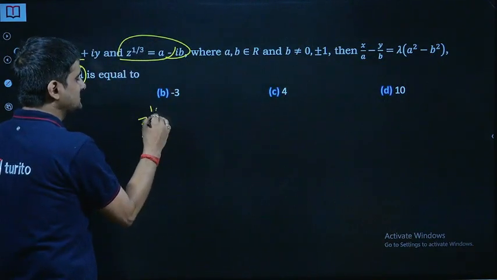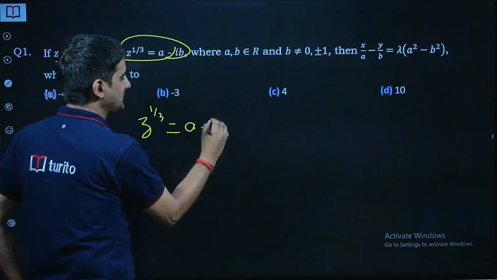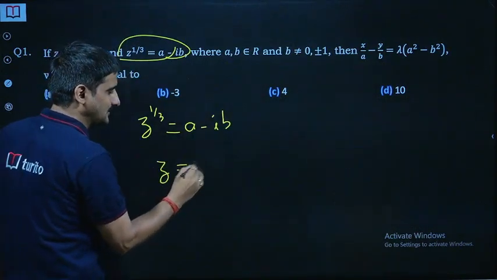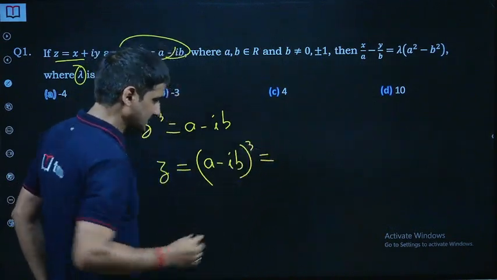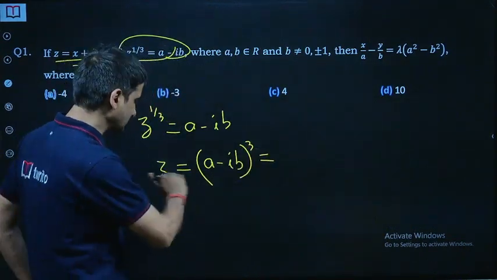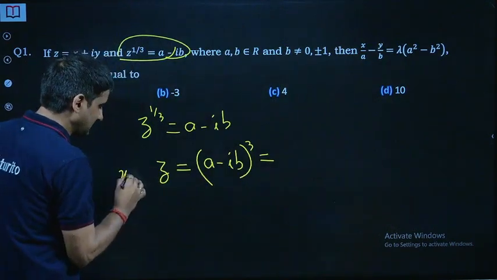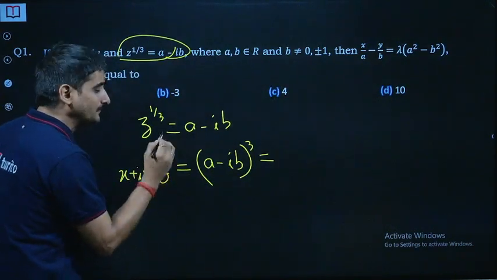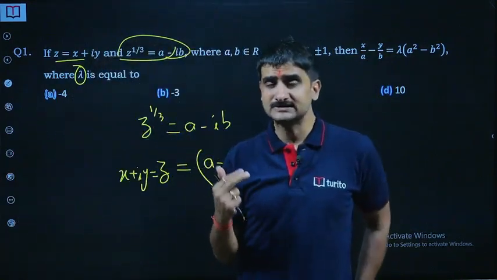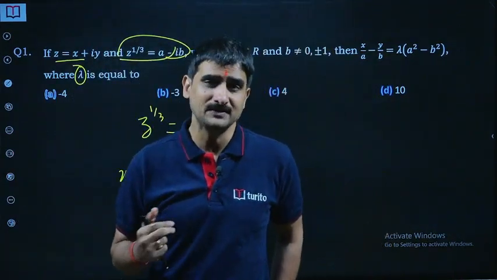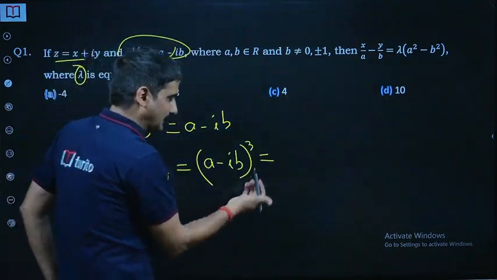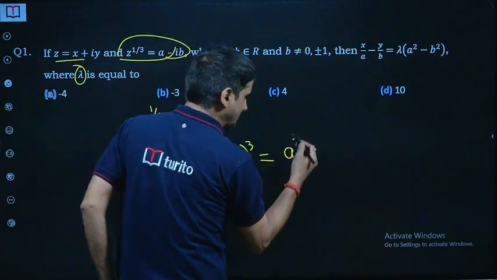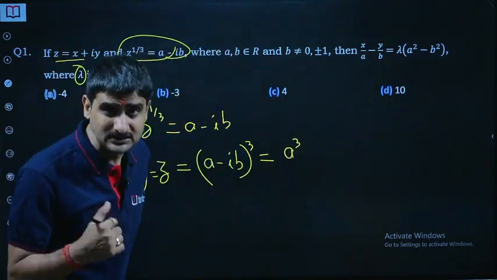Why? Because z raised to the power 1 by 3 is nothing but a minus iota b. Cubing both sides, it's a minus iota b whole cube. So without applying any brain here, I will just cube it, and z is nothing but x plus iota y. And we know that when two complex numbers are equal, their real part and imaginary part have to be equal separately. So apply the cubic formula. It is a cube, then minus iota cube b cube.